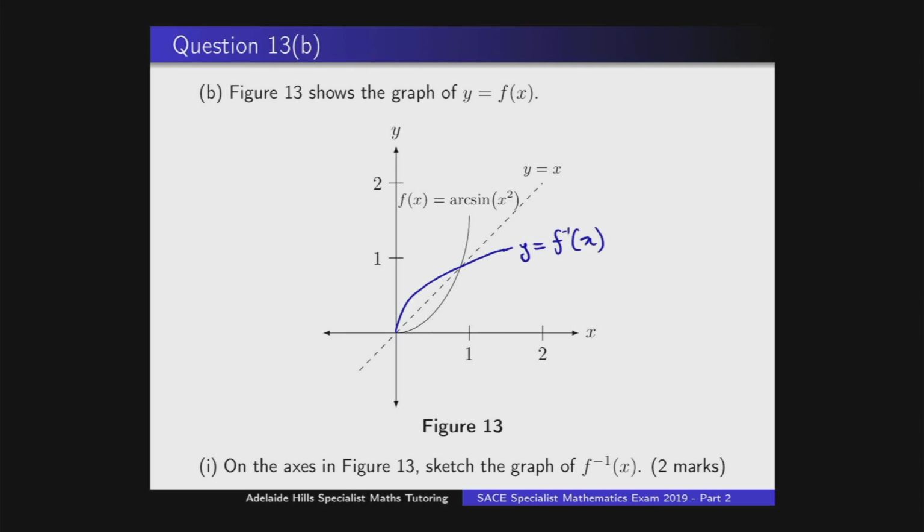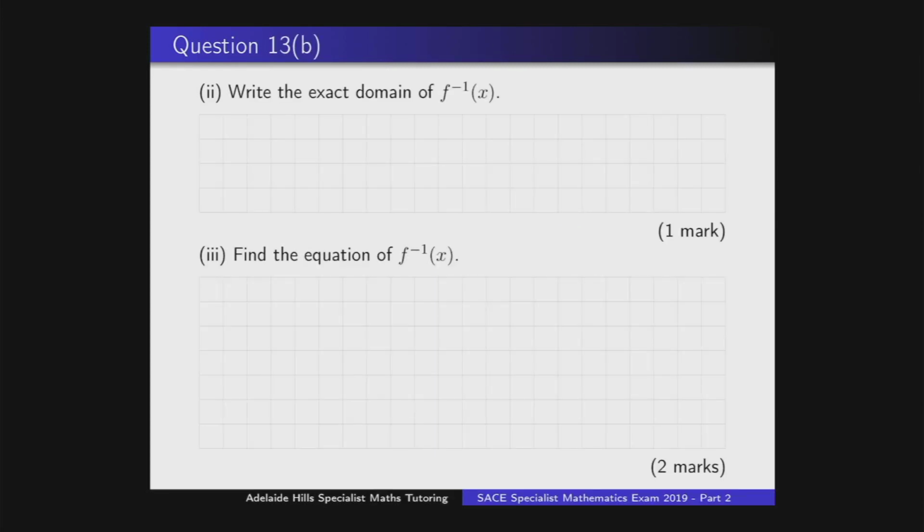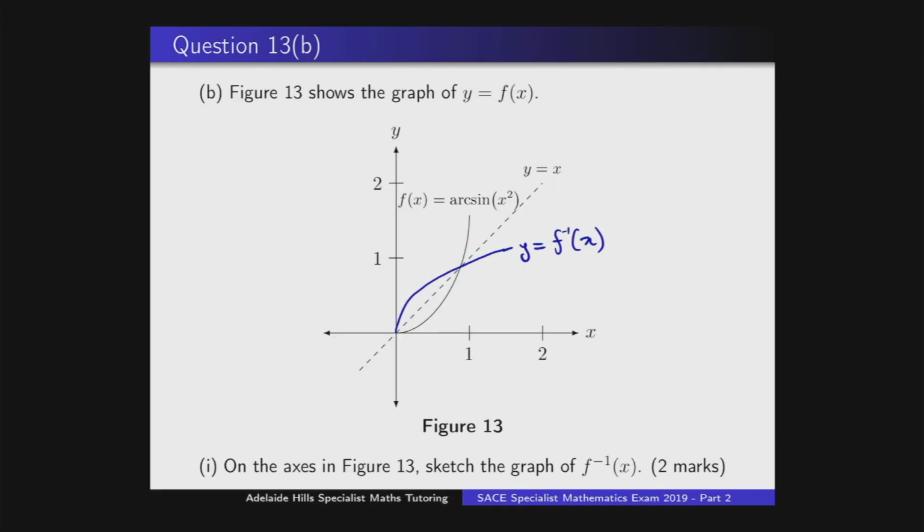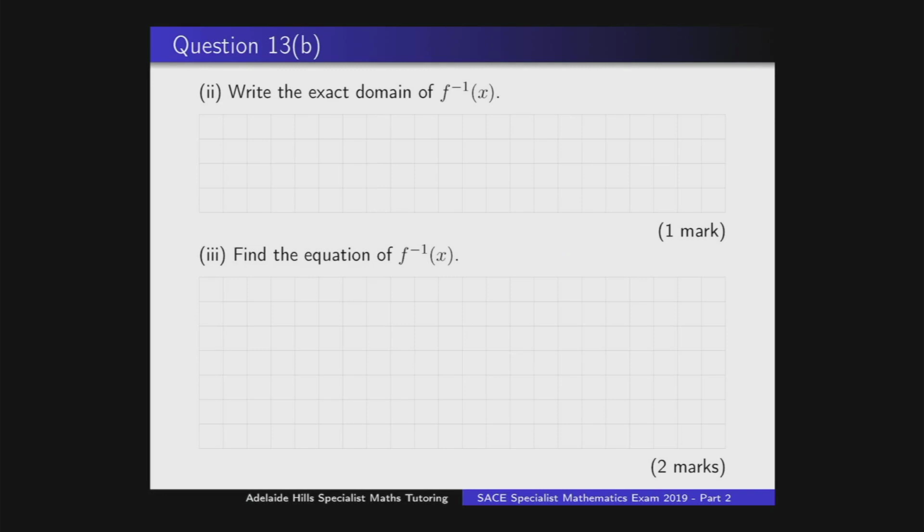Okay. And part 2 and 3 of B, we want to write down the exact domain of f inverse of x. So the key thing we want to know is what's the end value. So when x equals 1, then f of x is equal to the arc sine of 1 squared, which is just 1, and that's equal to pi over 2.